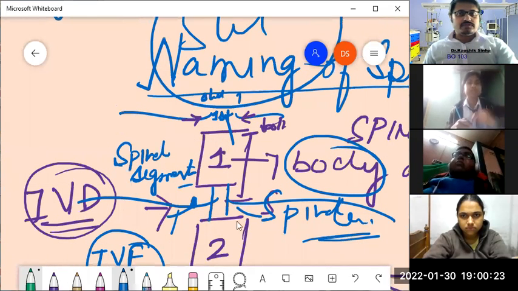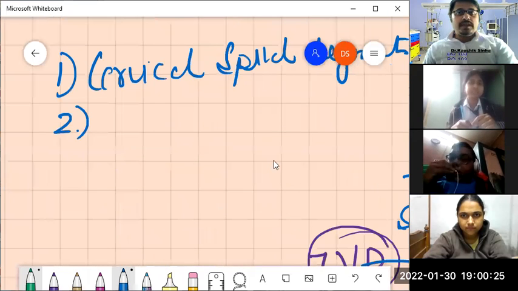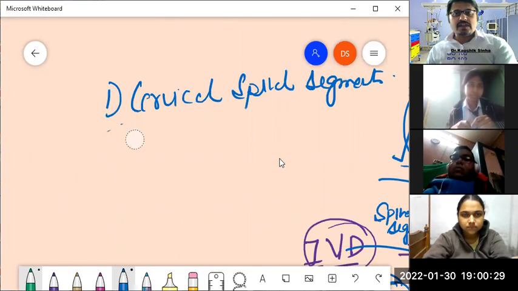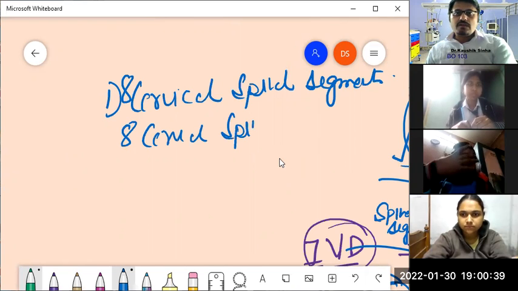Yes, sir. Now, how to label individual nerves? Labeling individual nerves is actually even easier. We have 8 cervical spinal segments, which means we have 8 cervical spinal nerves as well.